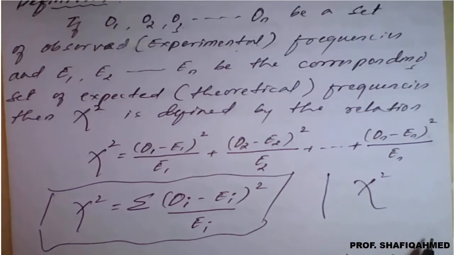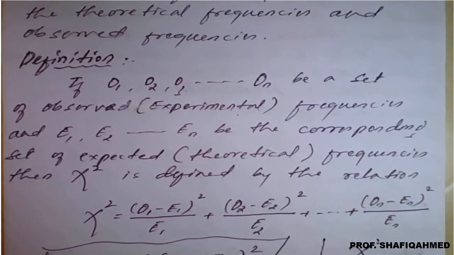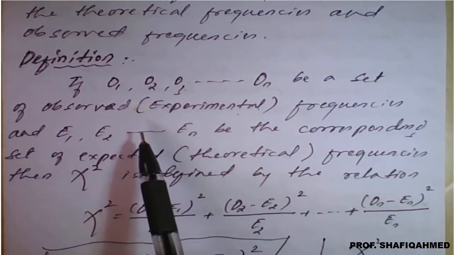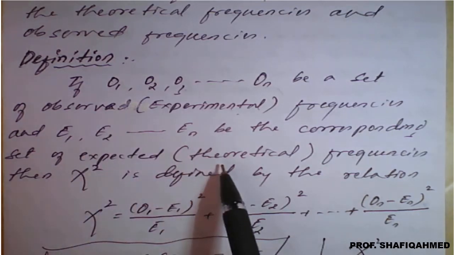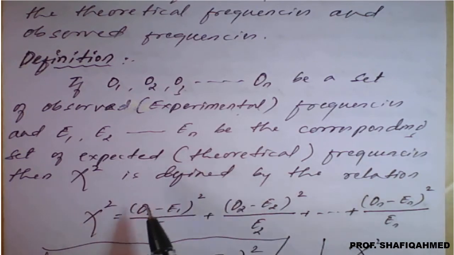The main thing you need to remember is that in the question they will give the observed frequency, and we need to calculate E1, E2, and so on, En, which are the expected, that is theoretical, frequencies. Once we get the observed and expected frequencies, with the help of that we can find the chi-square test value.